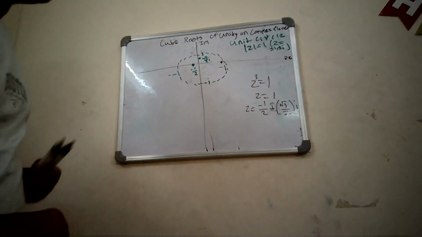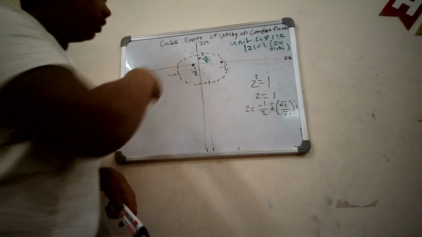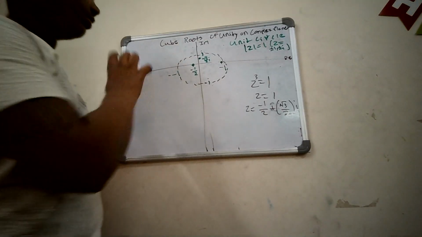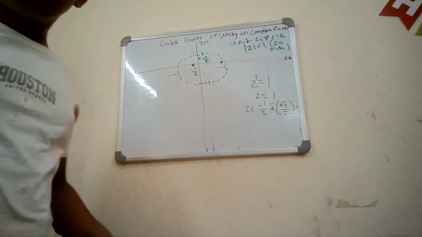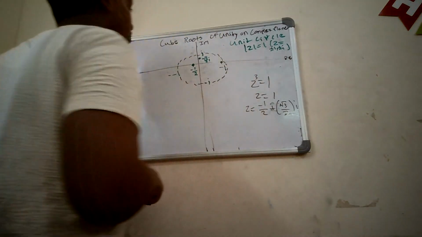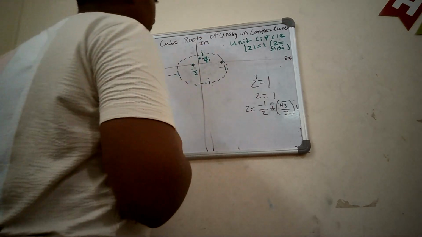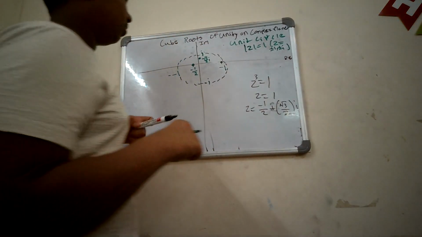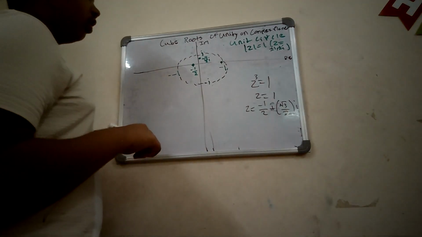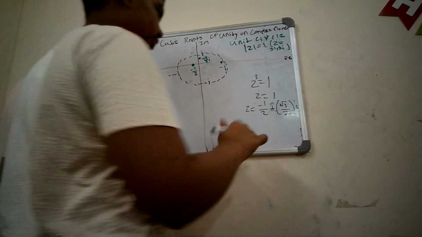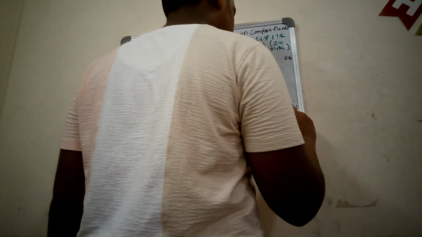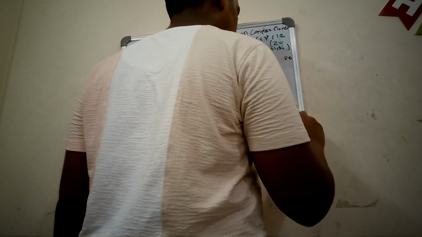Okay guys, I'm back. I had to fix the graphic of the unit circle because now it looks neat. It's clean now. So look, these are the points: negative 1 upon 2 plus the square root of 3 upon 2i. Now let's plot the other solution, negative 1 upon 2 minus the square root of 3 upon 2i.